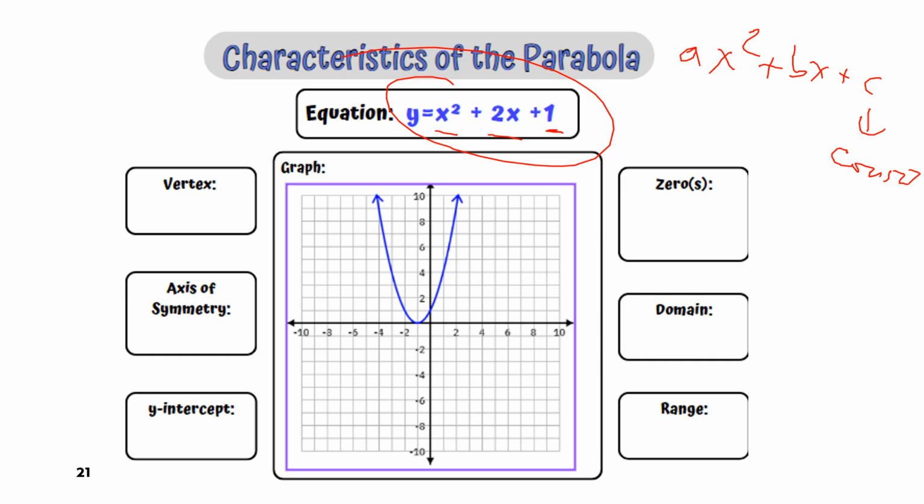But it moved the graph a little bit differently. Our vertex is still on the x-axis, and it's going to be some number. Our axis of symmetry is still the x value, but notice we've got a new y-intercept. It's not at the vertex anymore. It's on the leg, on the curved part.